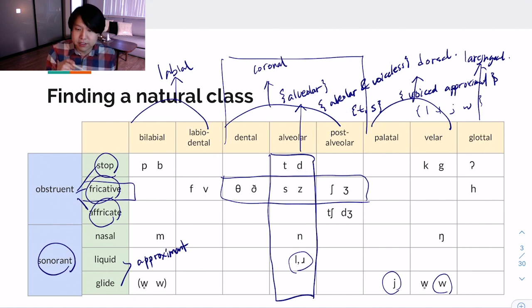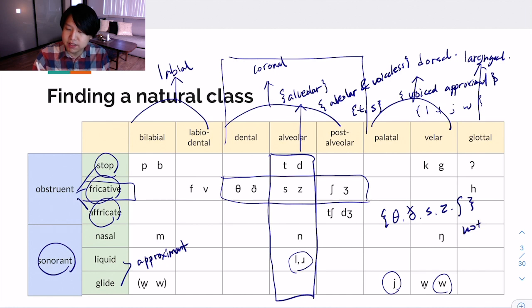If I say something like, is there a natural class of tha, the, sa, za, and sha, but not ja? So without this one, 5 of them, is there a natural class that can group all these 5 elements? No, because if the natural class is defined by coronal fricative, it should include all 6 of them. Or if I say voiceless coronal fricative, it should only include 3 of them: tha, sa, and sha.